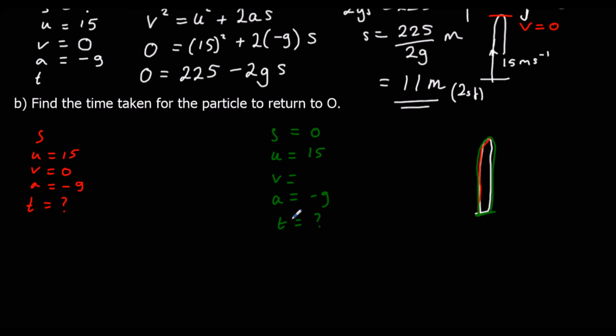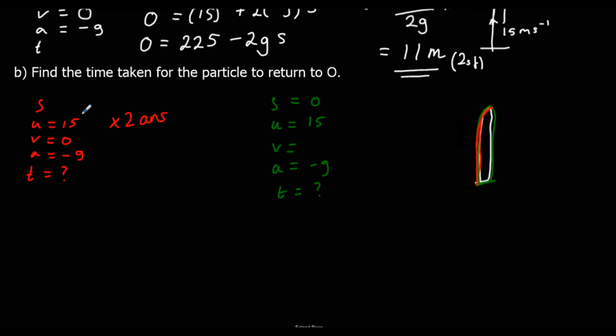We could use either of these two methods, and we should get the same answer. If we use the first method, the red method, we're going to have to double the answer, because we're just working out the time to the top, and then we'd have to double it to work out the time back down. With this method, the answer we get out for t will be the answer.